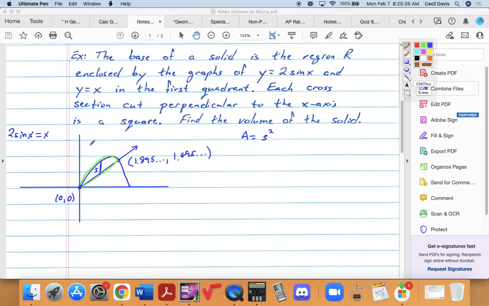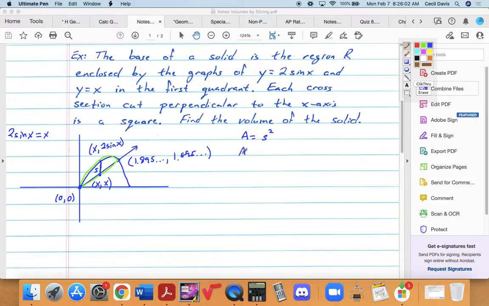So this curve up here, this point, is just some random x value, right? This is x, comma, 2 sine of x. And the corresponding point below it is x, comma, x, because the y value is equal to x. And that's the length of the side.